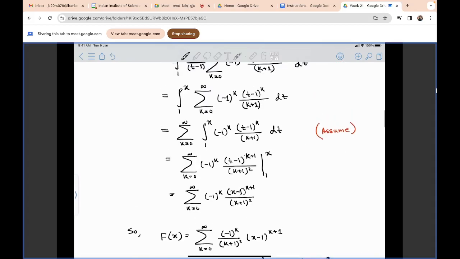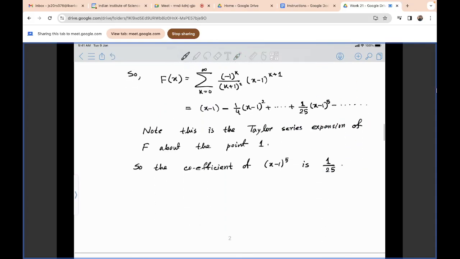Now we have to prove why you can interchange this summation and integral. You have to justify this one, why we can interchange the summation and integral.